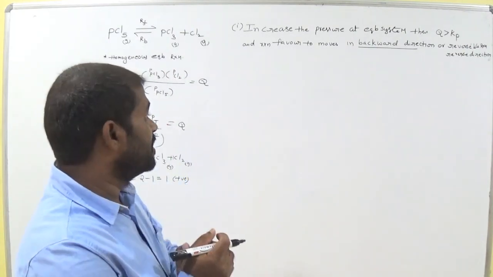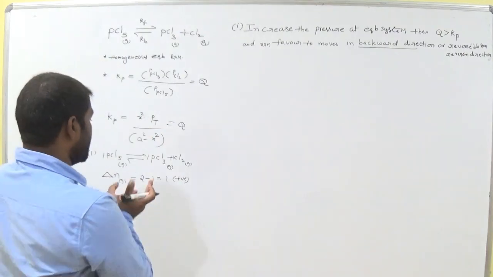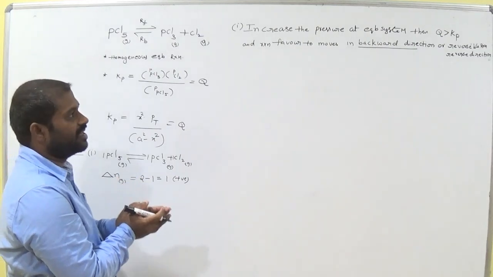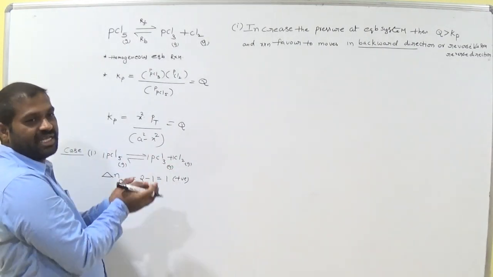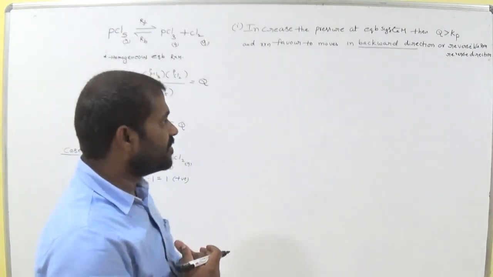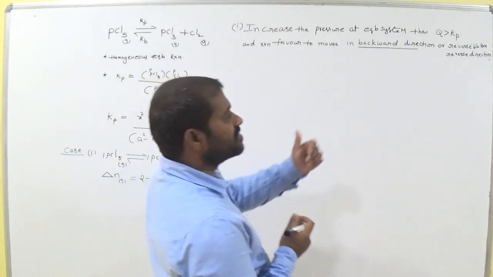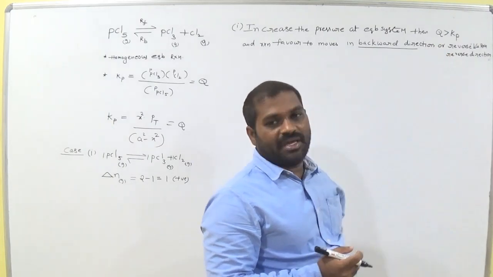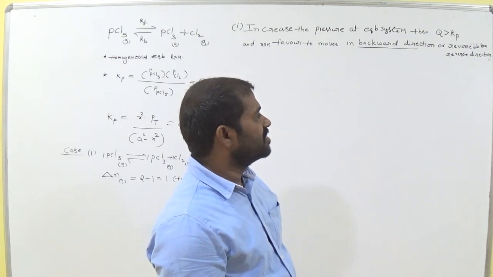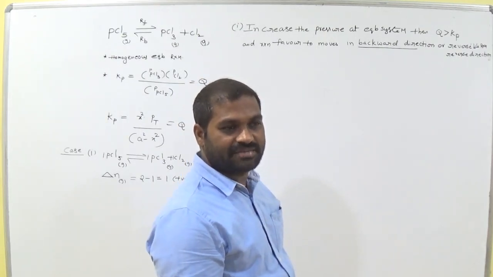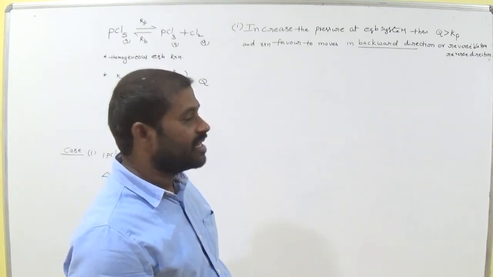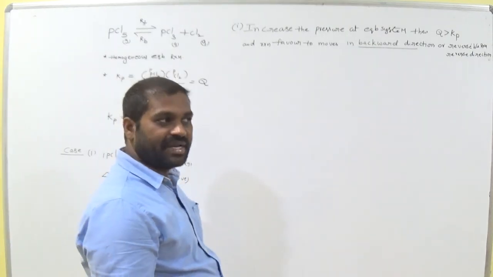Is it clear? So now we have a particular equilibrium system here. It is homogeneous. Now we add some pressure, that means increase the pressure on the equilibrium system. Then what happens here? In this case Q is greater than Kp. Q means reaction quotient, while Kp means equilibrium constant in terms of partial pressures.